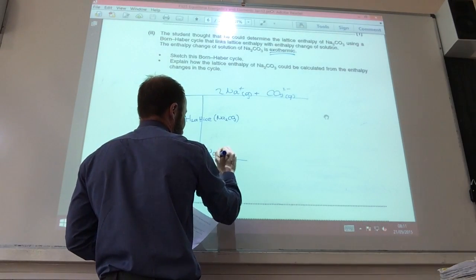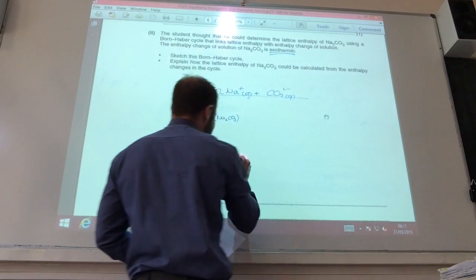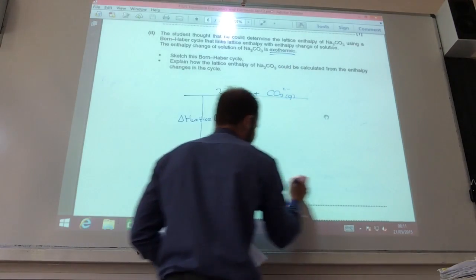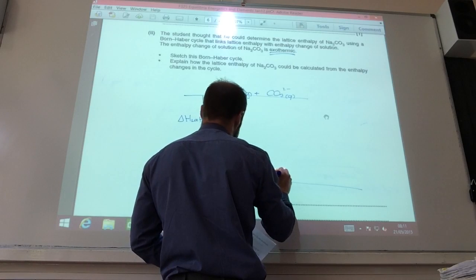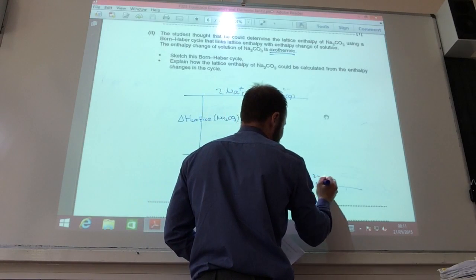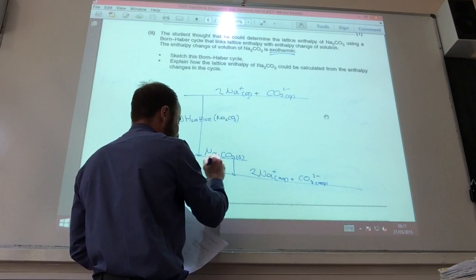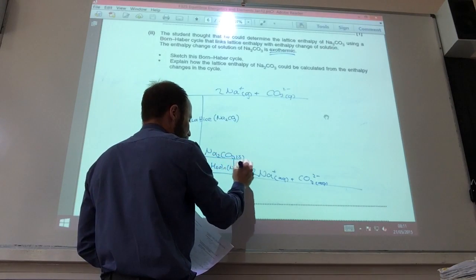So down here I put Na2CO3 solid. Then, because they told me it's exothermic, going down again is going to be Na plus aqueous plus CO3 2 minus aqueous. That is delta H solution of Na2CO3.